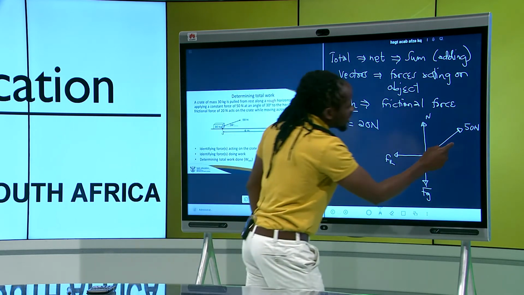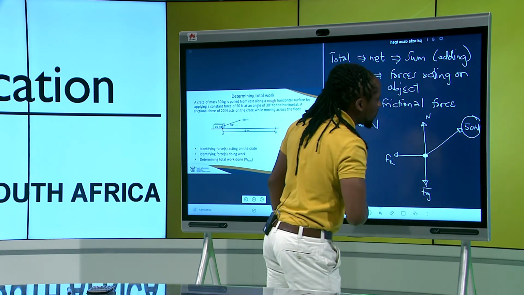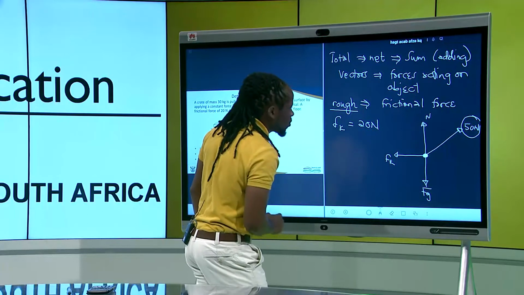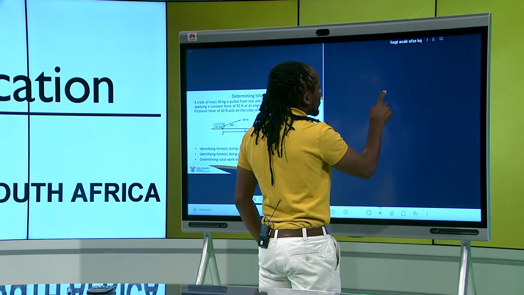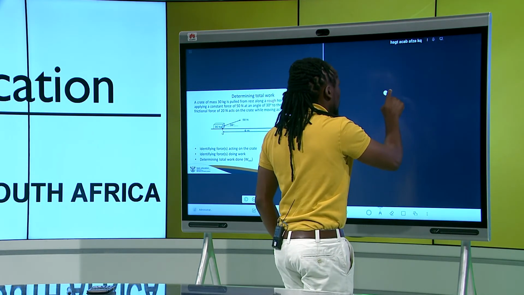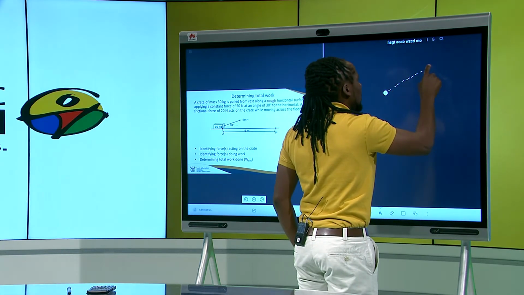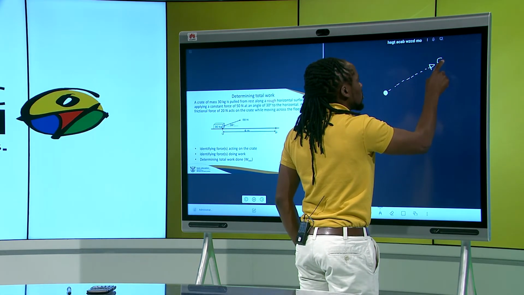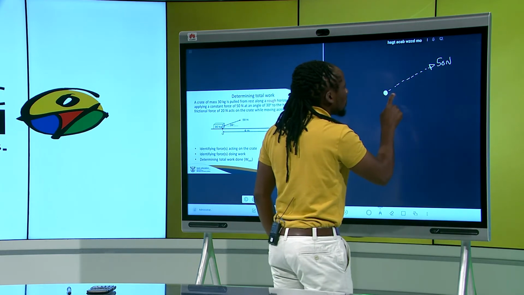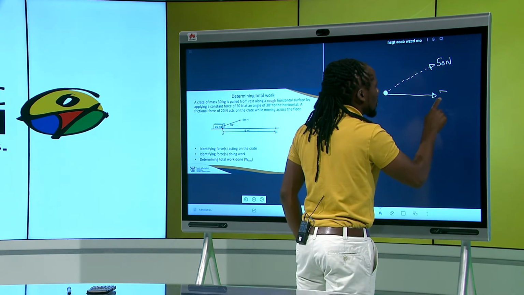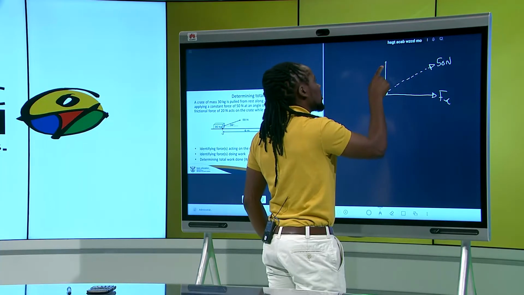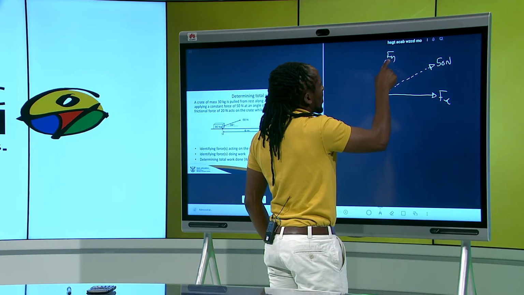Of interest to us now is this 50 newton force, which acts at an angle. If we go back to what we already know, the 50 newtons, the applied force, which I'll put in broken line there, consists of a horizontal component, which we can call Fx, and also a vertical component, which we can call Fy.